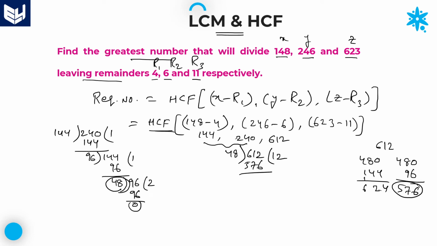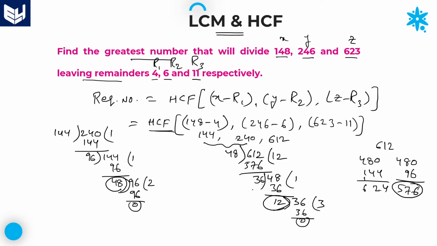Now you can subtract these two. Here it is 36. After that, again divide the previous divisor with this remainder, one time 36, and the remainder is 12. Now divide the previous divisor 36 with 12. 12 threes are 36. Now you got the remainder as 0.